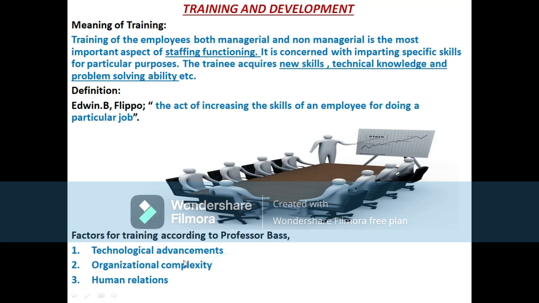So in such a case also, training is needed for that employee. The organization's policies and procedures, state of affairs, and complexity lead to training and development programs. And the last one is human relations.